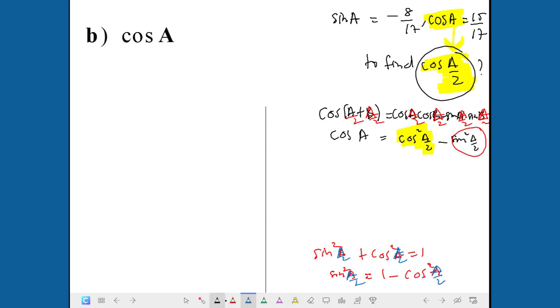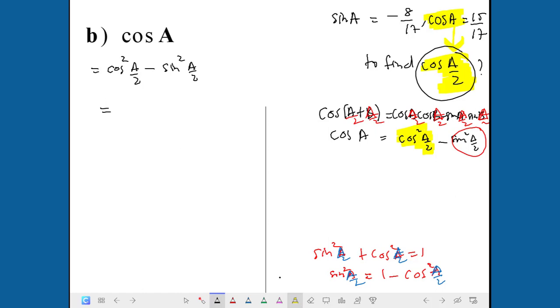Substitute. I write here: cos A equals cos A over 2 squared minus sin A over 2 squared.